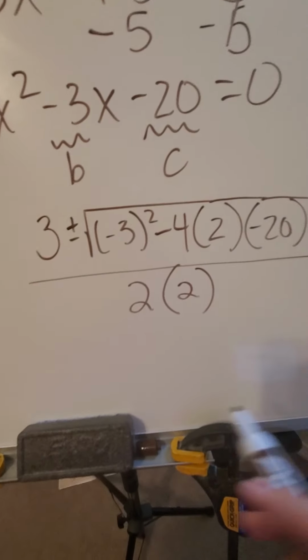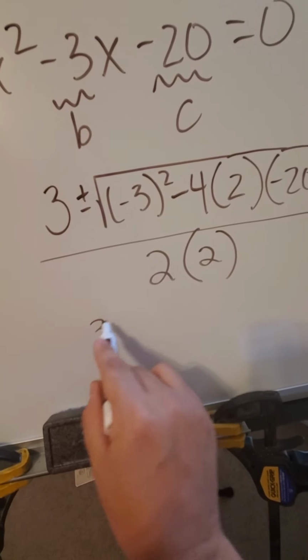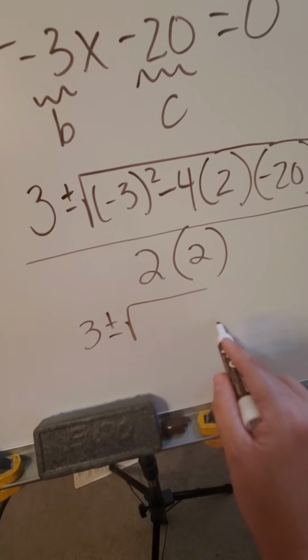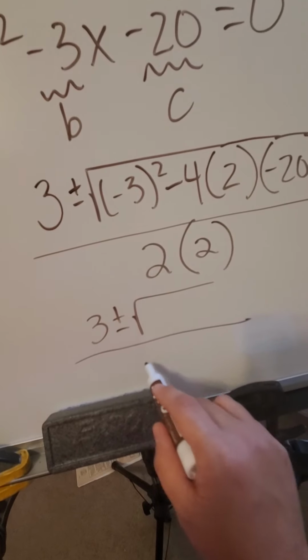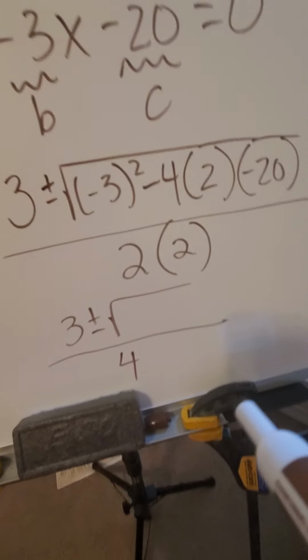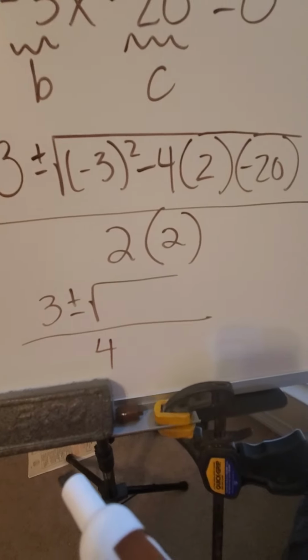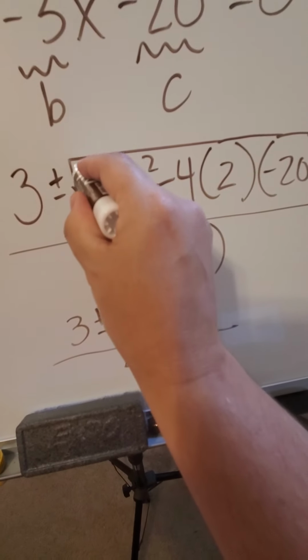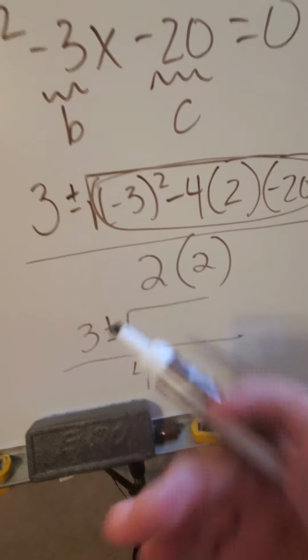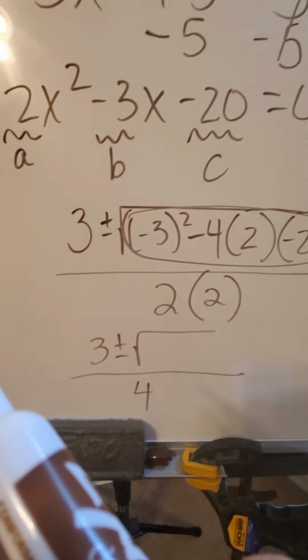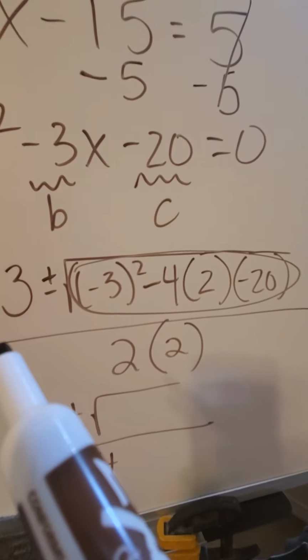So I tell students, this is what I do. I say 3 plus or minus square root, leave that alone for a second, and then 2 times 2 is 4, okay? That part's easy. Now, the inside part, right here, okay? Don't worry about the square root part yet, okay? In your calculator, you can put it in.